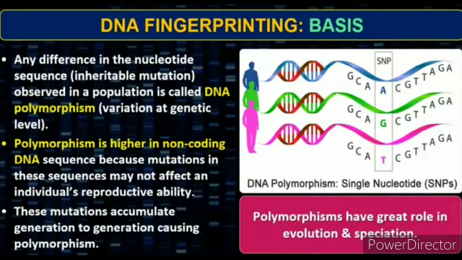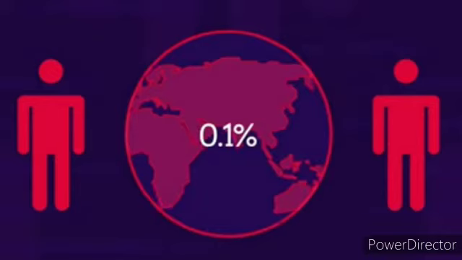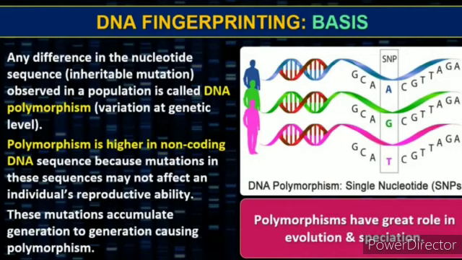Allelic sequence variation has traditionally been described as polymorphism if more than one variant allele at a locus occurs in the human population with a frequency greater than 0.01. In simple terms, if an inheritable mutation is observed, that is called DNA polymorphism.